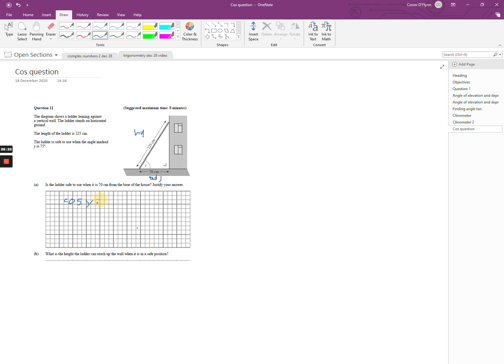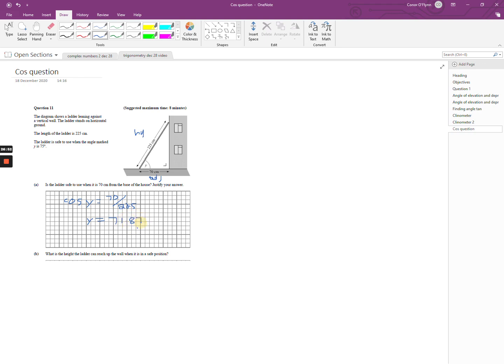So it's going to be cos of y equals 70 over 225. I just worked that out in the calculator. You get the inverse function. So what is y? I'm getting 71.87. Okay.